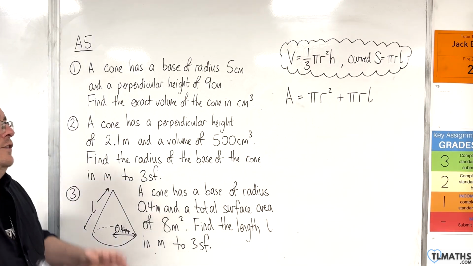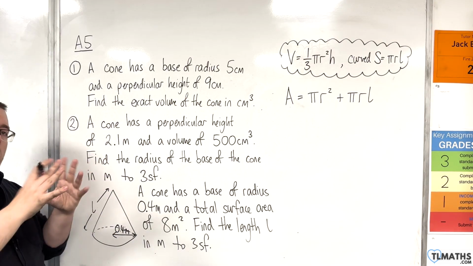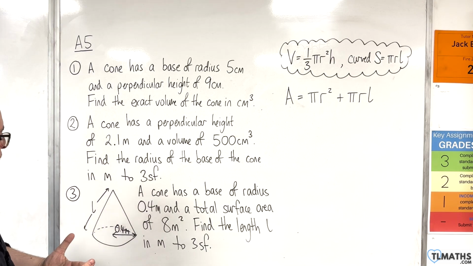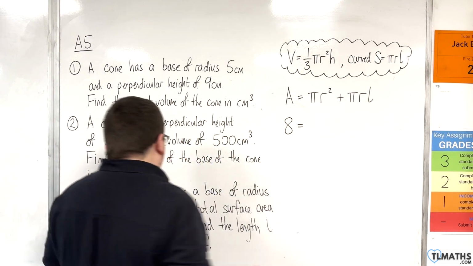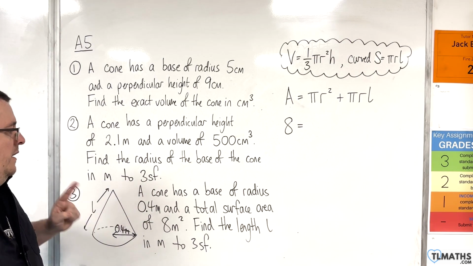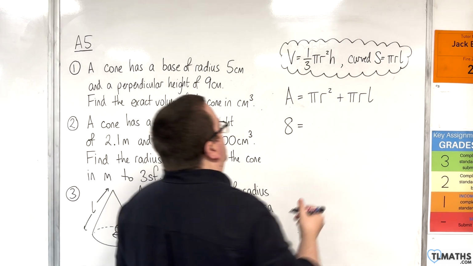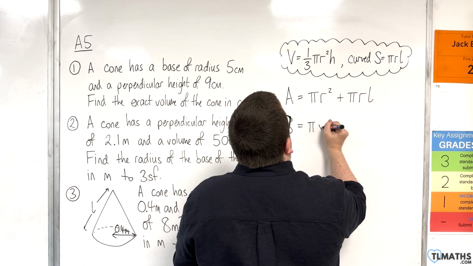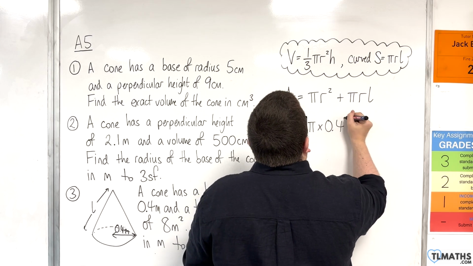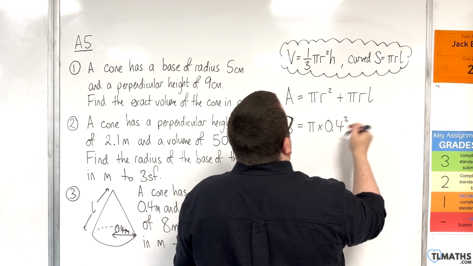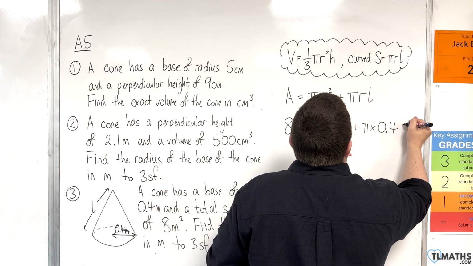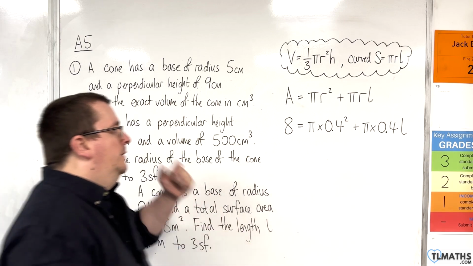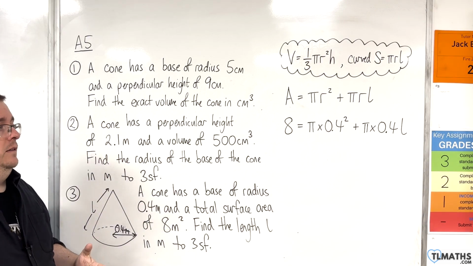So this is the formula that gives us the total surface area of the cone. Now I know that the total surface area is 8. I know that r is 0.4. So we have pi times 0.4 squared, that's that bit, plus pi times 0.4 times L. And our job is to work out L.